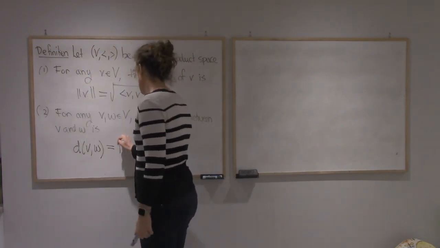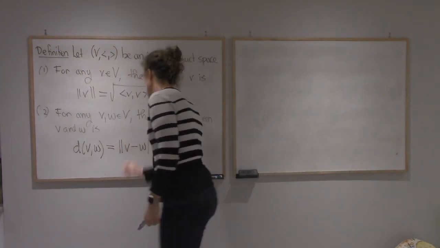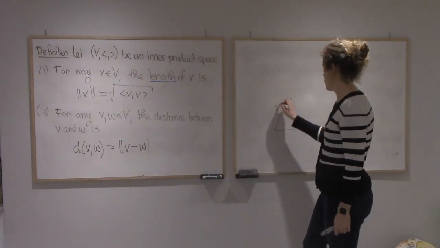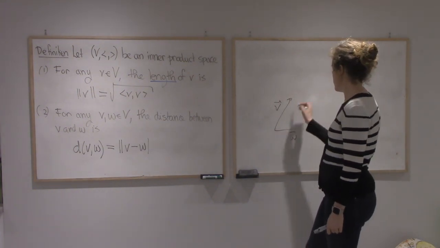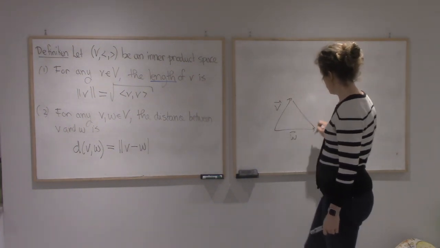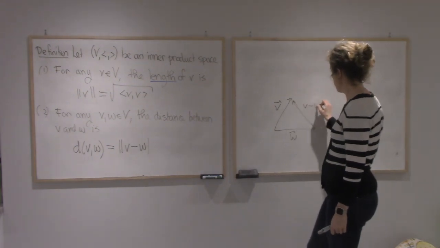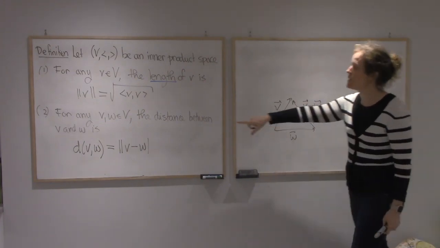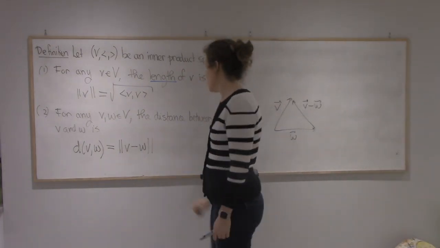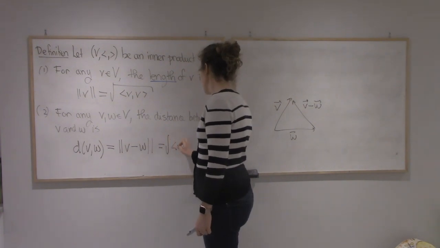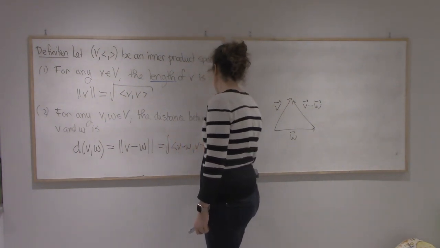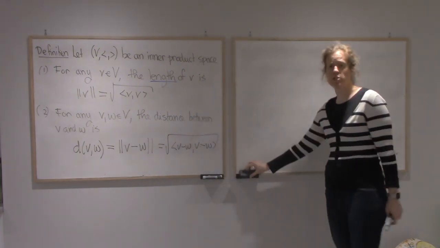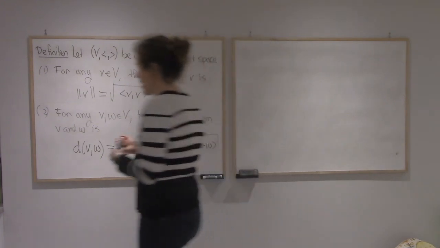That's going to be the length of v minus w. So v minus w, if you had vectors, v minus w means this vector, and the distance between the endpoints would be the length of this vector. That's why we define it this way. So that means the square root of ⟨v − w, v − w⟩. So it's going to match the distance between 2 points in Rn quite nicely.